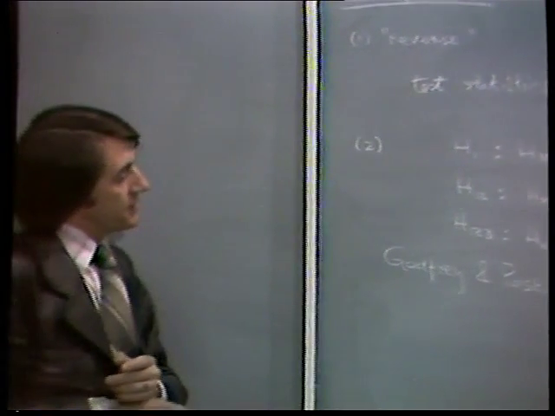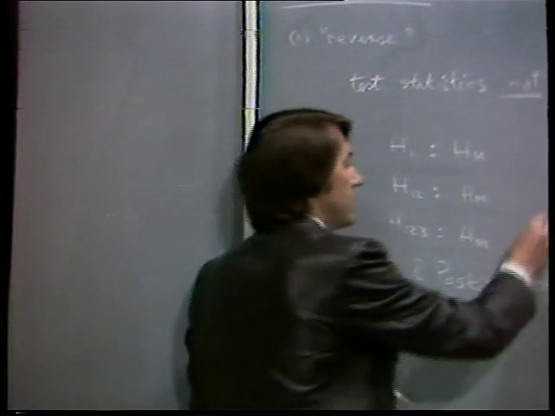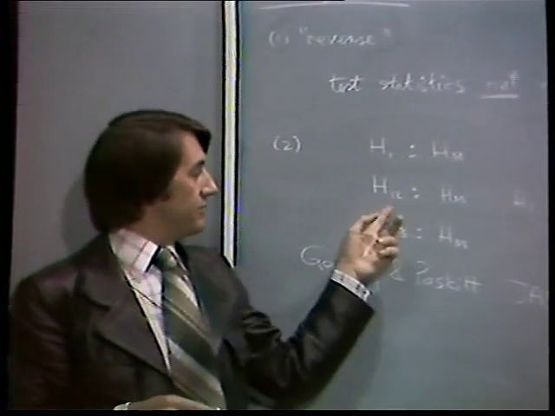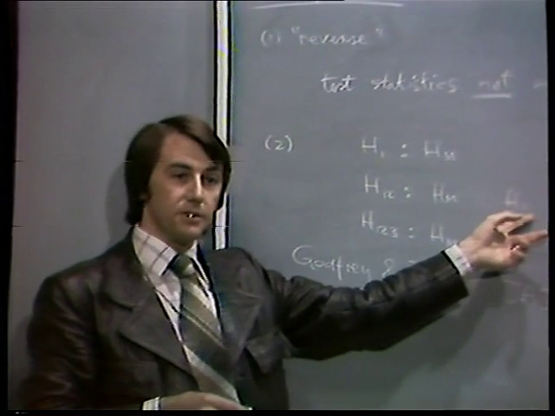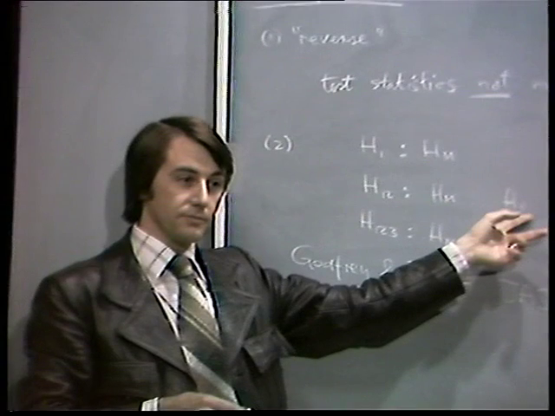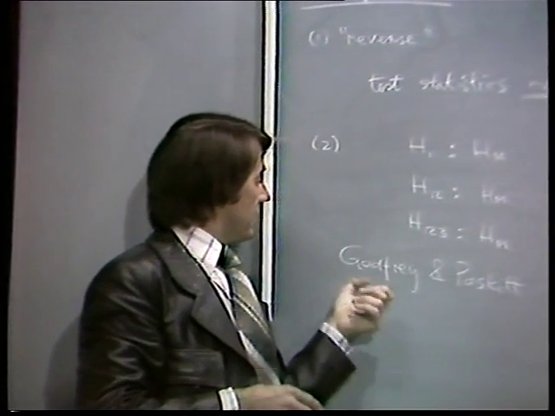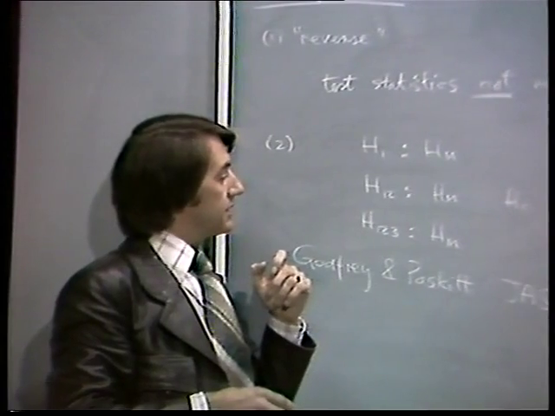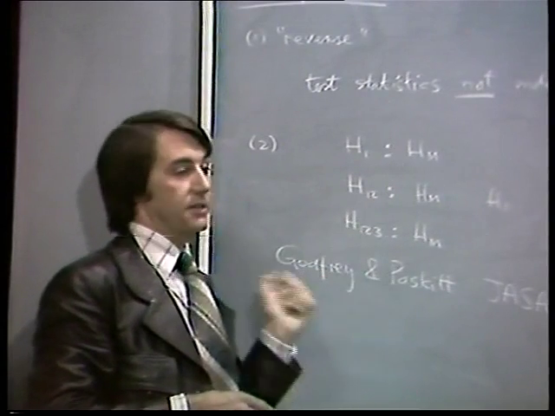And the Anderson procedure, by testing the two restrictions involved in H1,2 relative to H1, is now in fact only testing the second restriction, conditional on the first restriction being valid. So that by using this procedure, which was suggested by Godfrey and Poskett, for example, you are in fact ignoring information at each stage in the sequence.